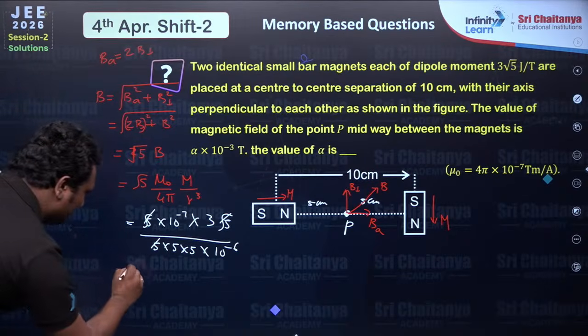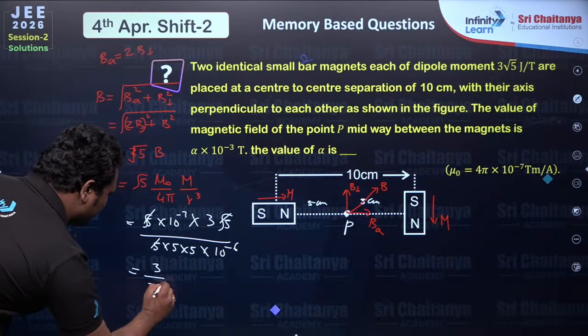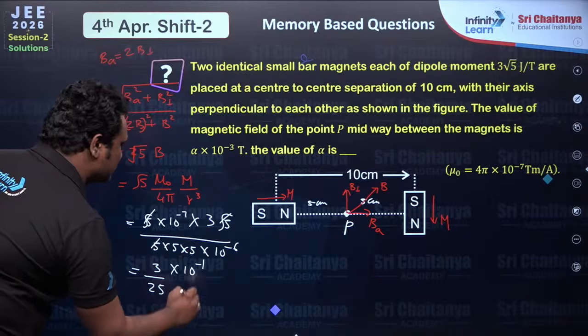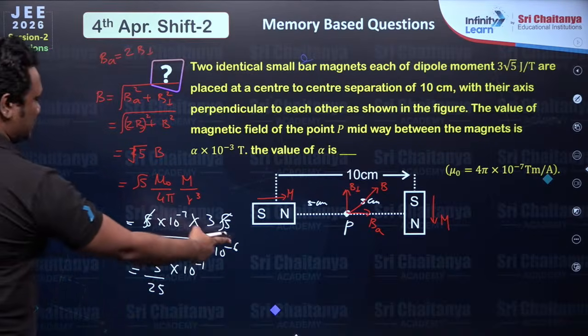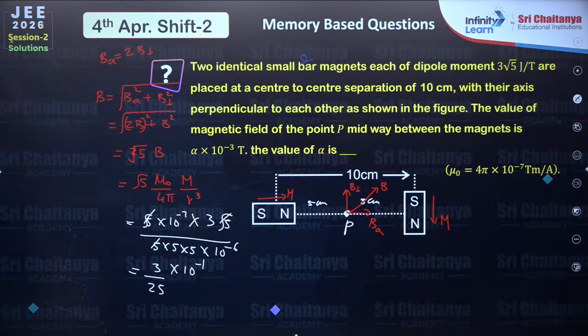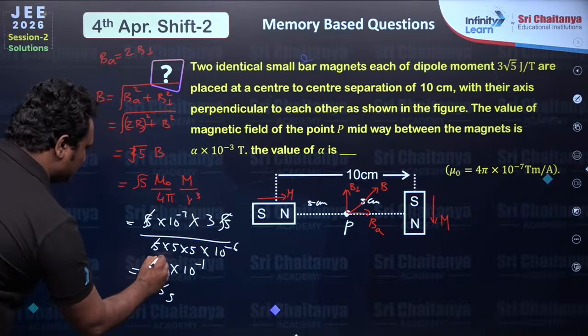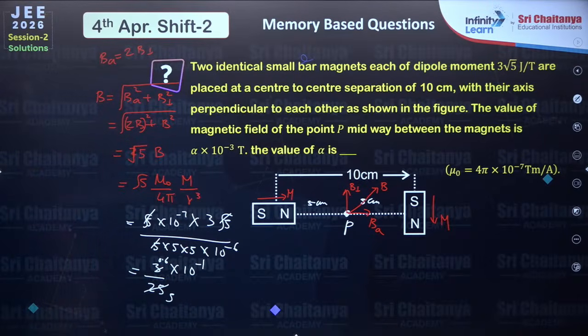So the numbers will be 3 by 25 into 10 power minus 1. Minus 7 and minus 6 will give you minus 1. 3 by 25. So 5 5s are 0.6.